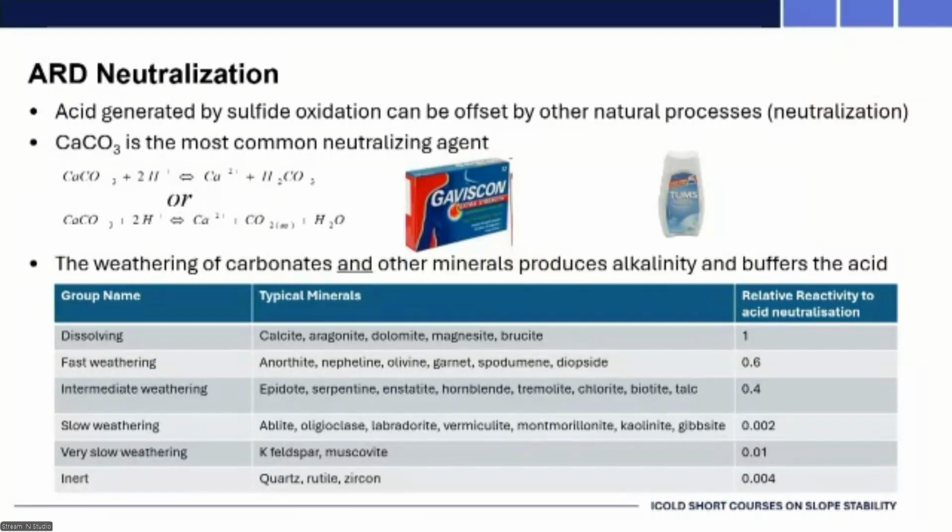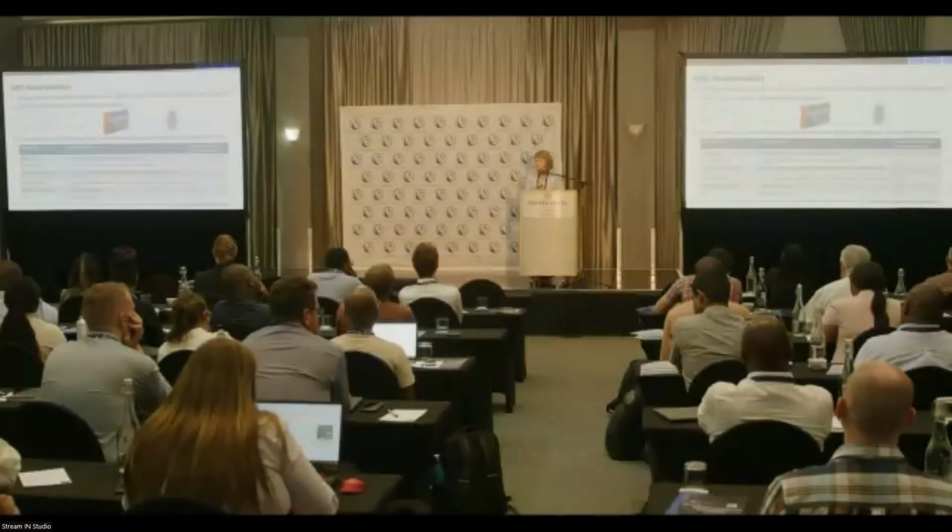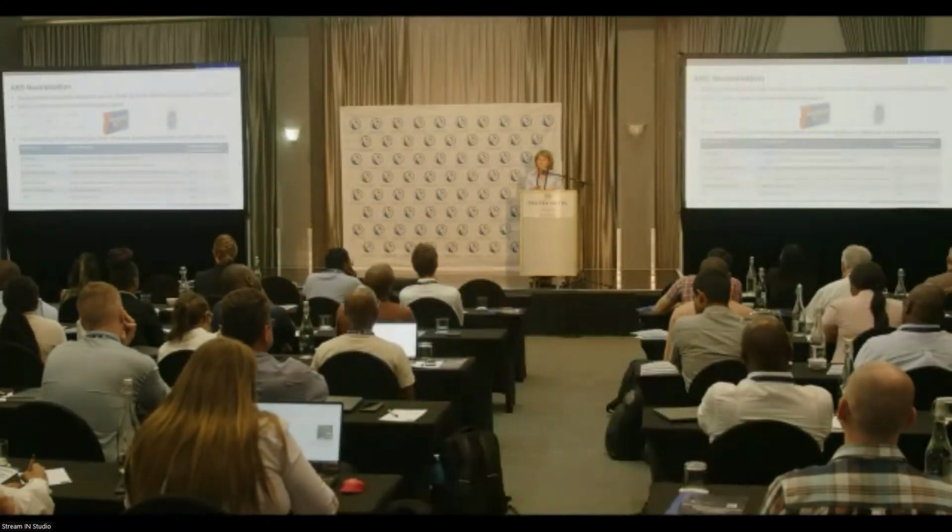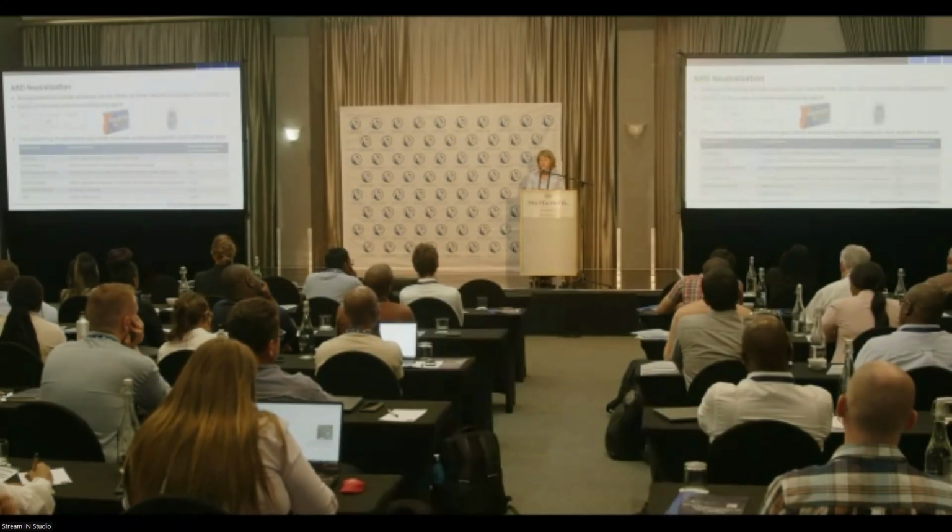It's a bit like taking your Gaviscon. Now, it's not only carbonates that can produce this buffering capacity. So when we look at, you'll see why we want to go and look at the minerals, and that's because actually a lot of these minerals provide some buffering capacity.